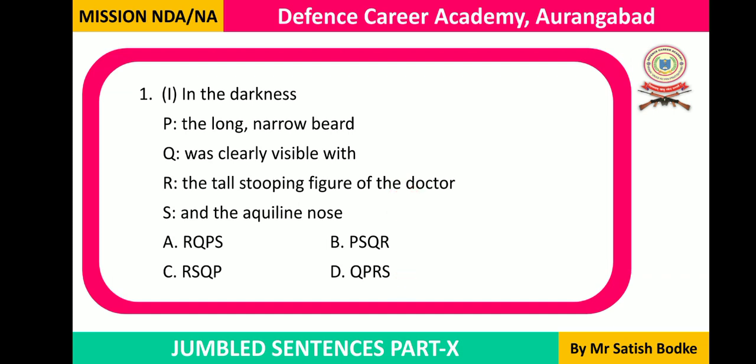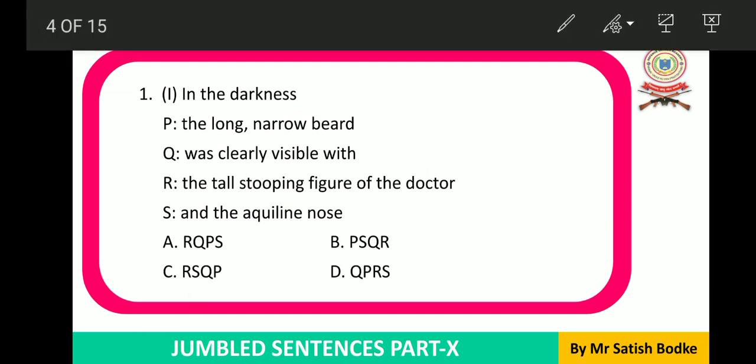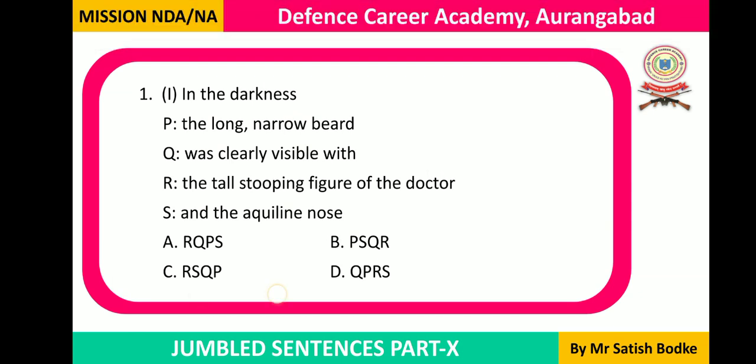So our answer starts with R. We can easily eliminate options B and D, because both of them do not start with R. So R is the first part in the sequence: the tall stooping figure of the doctor was clearly visible with long narrow beard and aquiline nose.